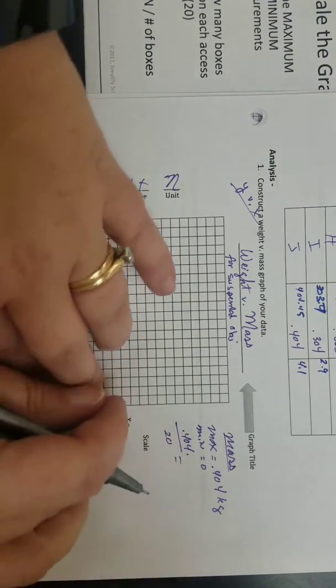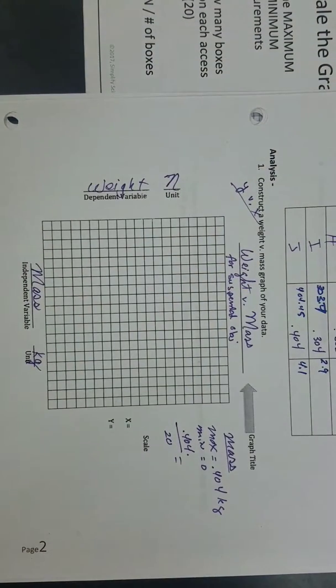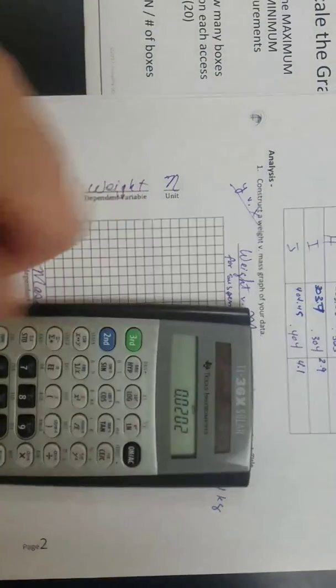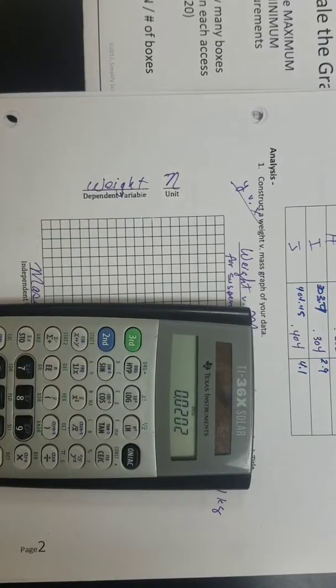So that gives me a scale of, getting a calculator, okay, so my calculator says it's 0.0202. All right, that is unfortunately bigger than 0.02, so I can't use that. Remember, we always round up. So the next easy number from 0.02 would be 0.025.